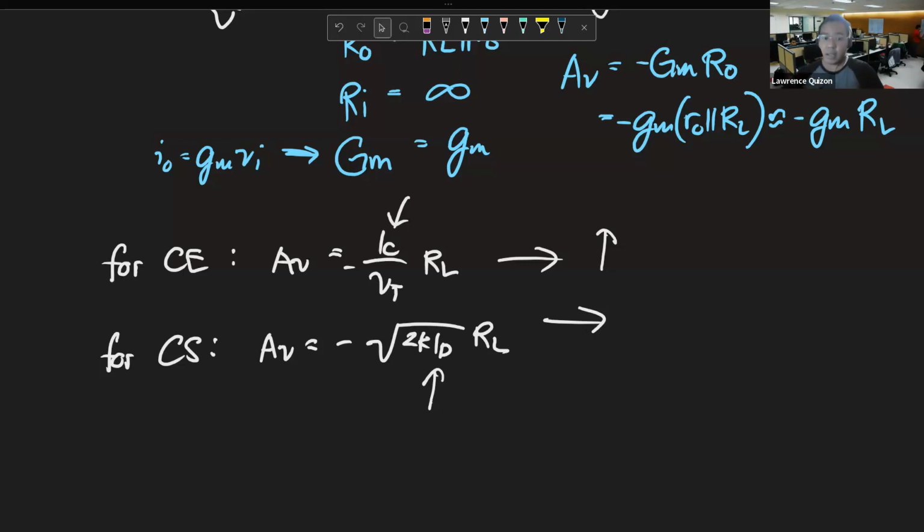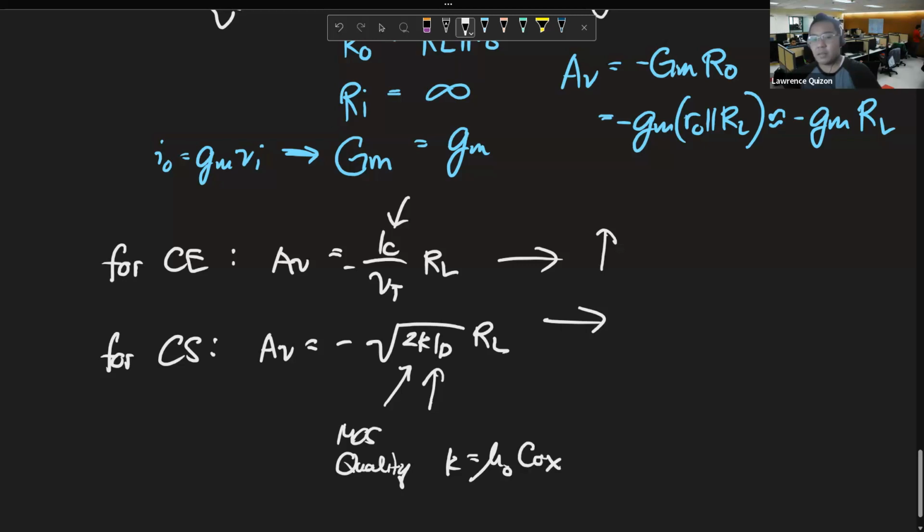Another thing is that this K is dependent on the MOSFET quality. K is equal to mu naught Cox. You don't control this. The fabricator controls this, some company like ST, GF, Skywater, TSMC.